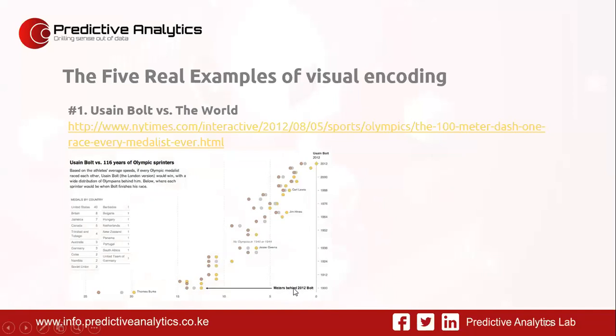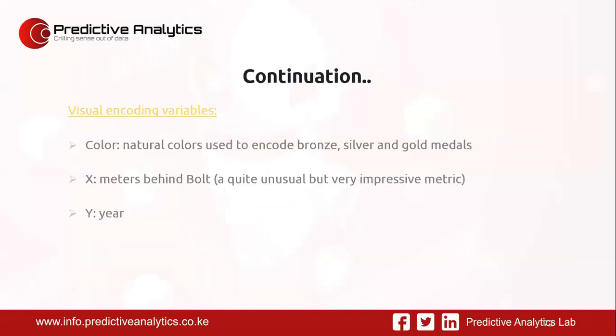You can even see the names of the athletes who Usain Bolt was competing with. Those bubbles that you see are interactive. If you hover your mouse over them, you get to see more detail. So we have the use of the X variable.